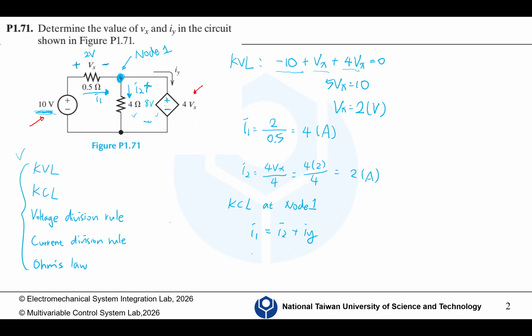So we have I1 equals 4 equals 2 plus Iy. So the value of Iy is 2 amperes. Okay, and then we got the answer.